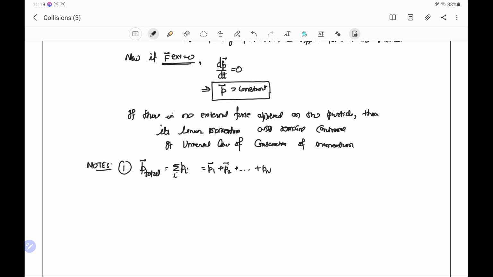That gives the total momentum of the system. If there is no external force applied on the system, that is F external is 0, then this implies that P total of the system will be constant. And this is constant in terms of magnitude and direction.